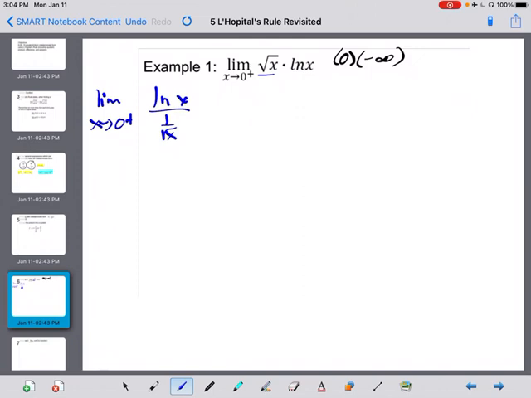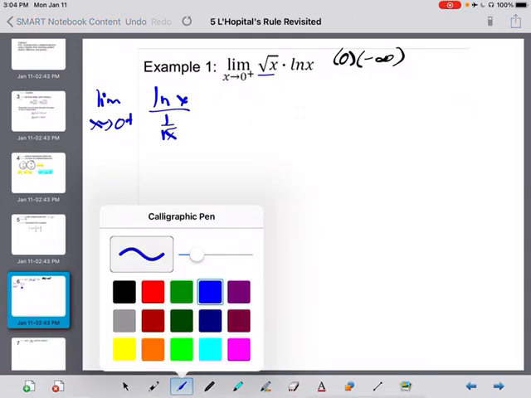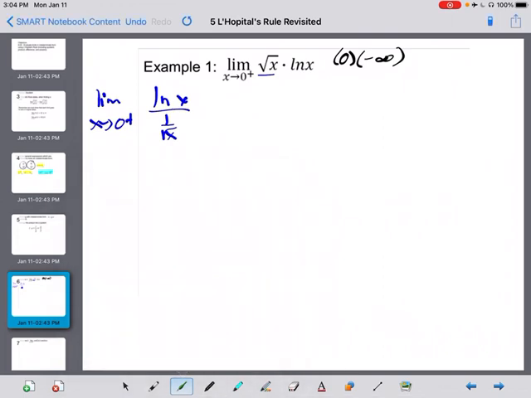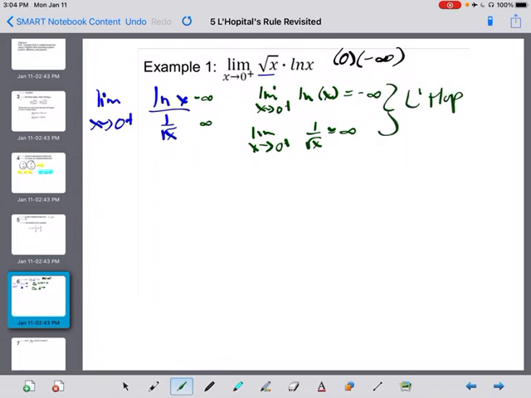So the limit as x approaches 0 from the right of the natural log of x is negative infinity, and the limit as x approaches 0 from the right of 1 over the square root of x is positive infinity. So again, negative infinity over infinity, we know that L'Hopital is going to apply here.